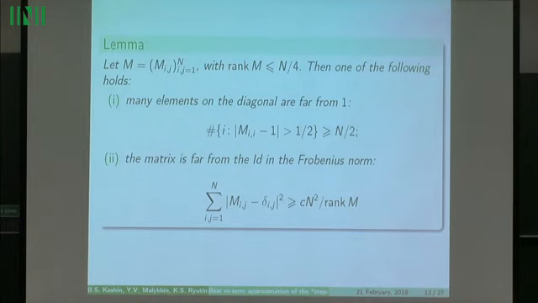Either many elements on the diagonal are far from 1, at least a half of them, or the matrix itself is far from the identity matrix in the Frobenius norm, in the following sense. It's written here. And by some construction which used at some place this lemma, we managed to get rid of this epsilon in the lower estimate for the W11 Kolmogorov width in LQ norm.